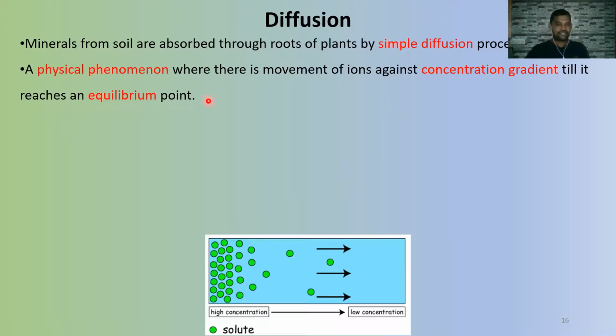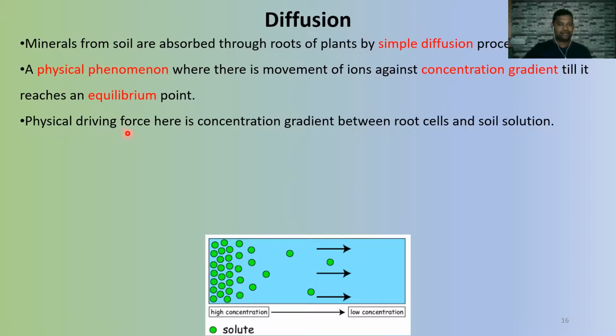It's a physical phenomenon where there is a movement of ions along the concentration gradient till it reaches an equilibrium point. Equilibrium means where the concentration on both the sides will be the same. Till that time, the movement will take place from a high concentration of solute to low concentration of solute.